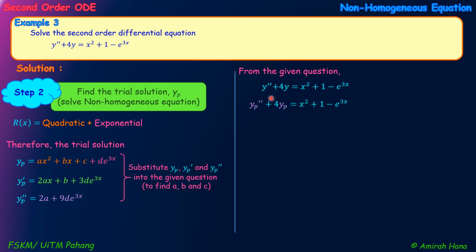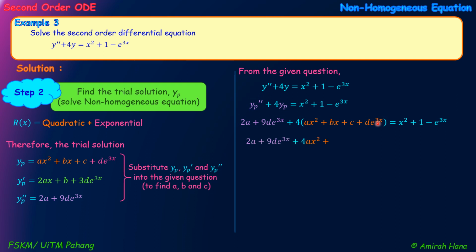So now we replace y double prime by yp double prime, which is 2a plus 9d e to the power of 3x, and then plus 4, and yp we replace by ax squared plus bx plus c plus de to the power of 3x.